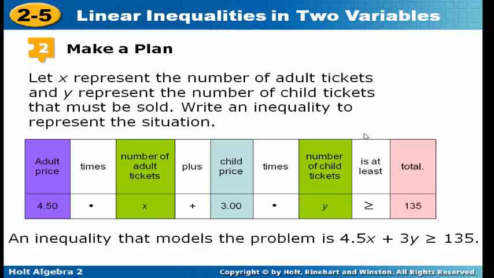We want the sum of the two prices, so 4.5x plus 3y, and we want the value to be greater than or equal to 135. So we can say 4.5x plus 3y greater than or equal to 135. Now we have the inequality.